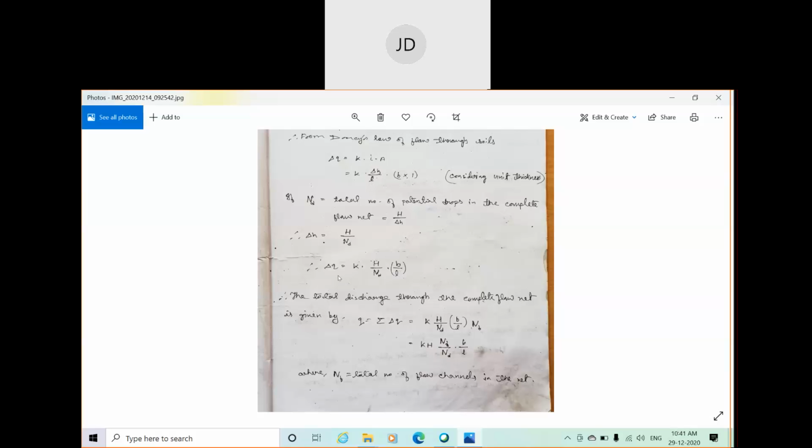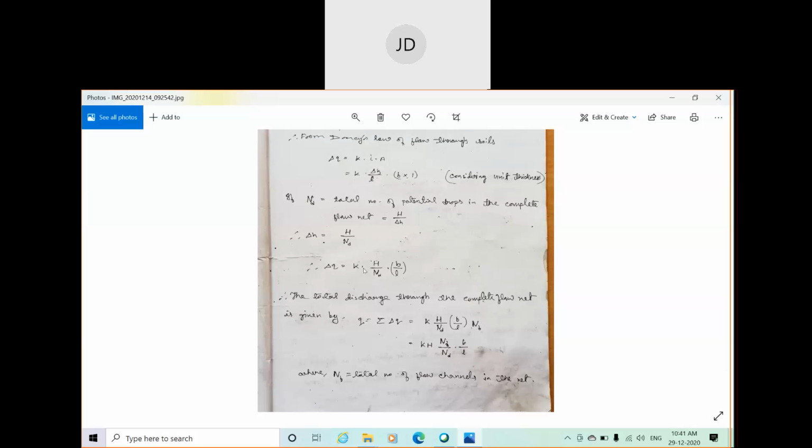So for one flow channel, this is the amount of water flowing: delta Q is equal to K into capital H by ND into B by L, where ND is your number of potential drops. Now this is for one flow channel.